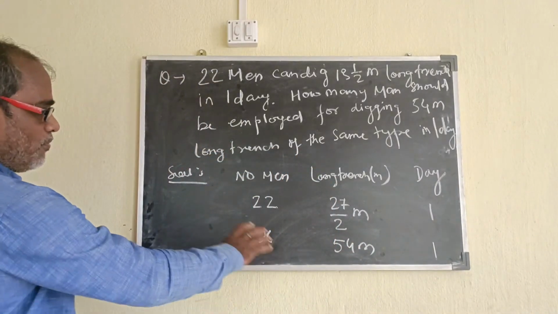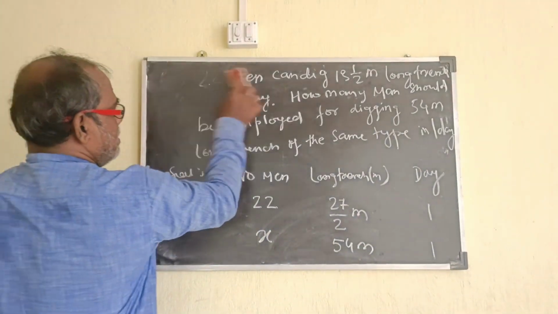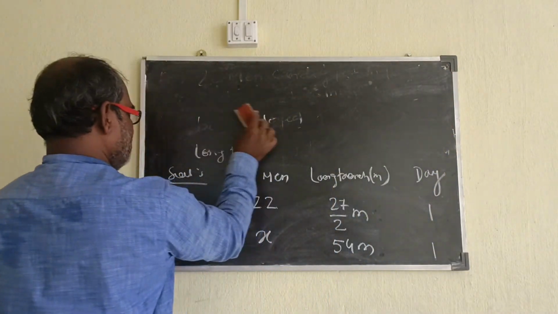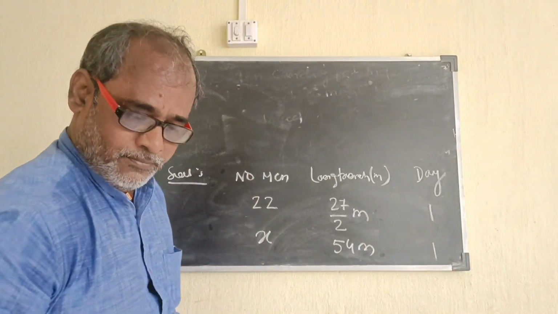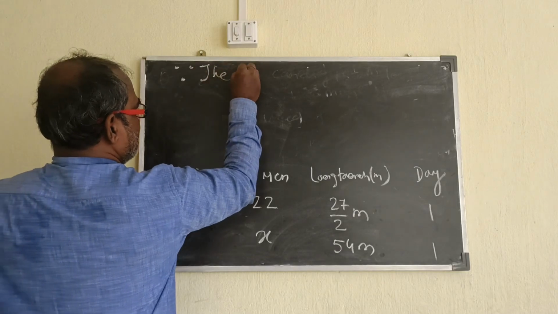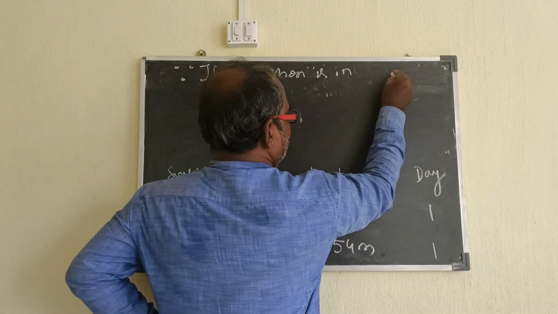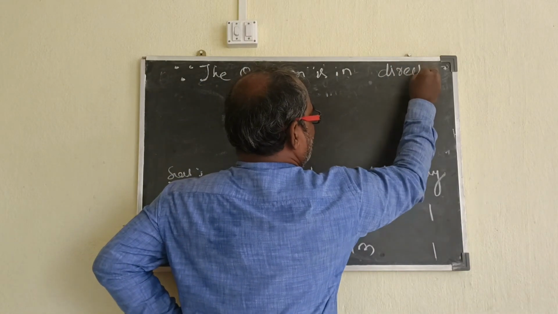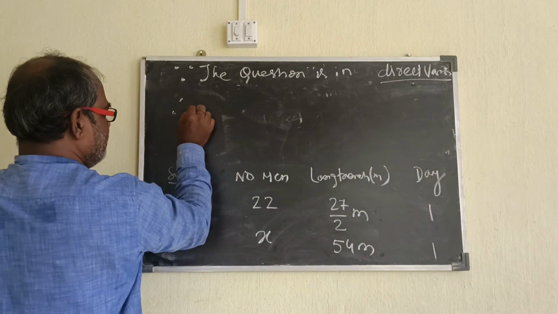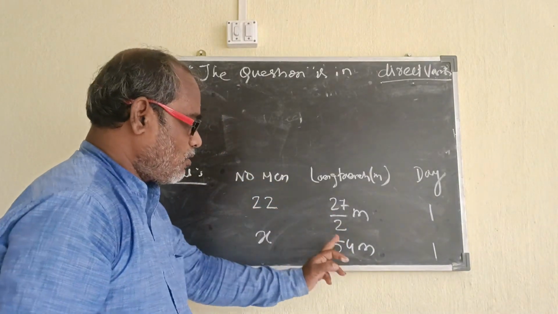Clear? So now first you write this, then start writing: since the question is in direct variation, therefore, now for direct variation what I said, it should be crisscross multiply.